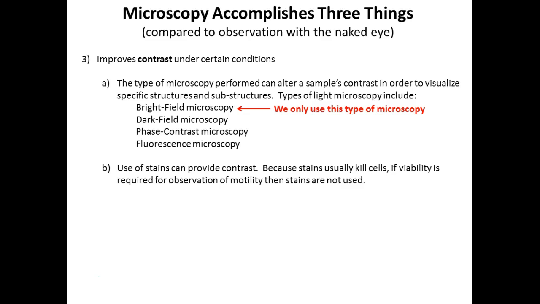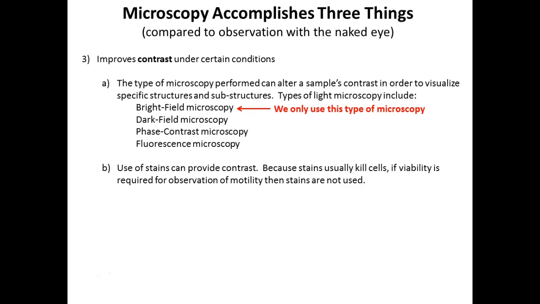Dark field microscopy, again, you're not going to usually get much contrast. That's where the background is dark and the organism is illuminated. Phase contrast, on the other hand, uses special filters to generate contrast, as the name implies. So with those types of microscopes, sometimes you don't need to stain the organisms. Or if you do, you'd be able to see greater detail, as we did in those pictures of the euglena in your lab manual.